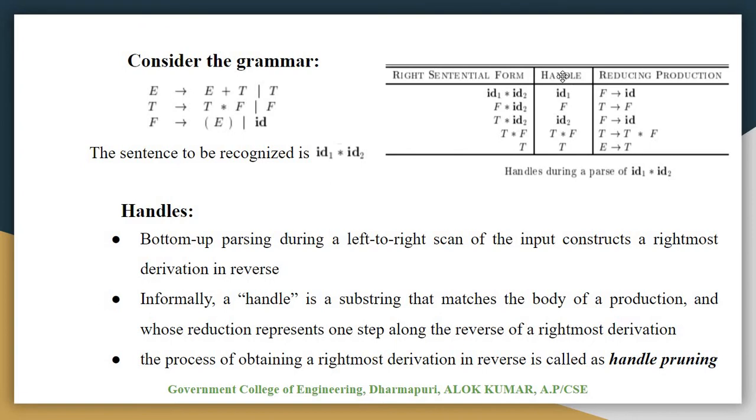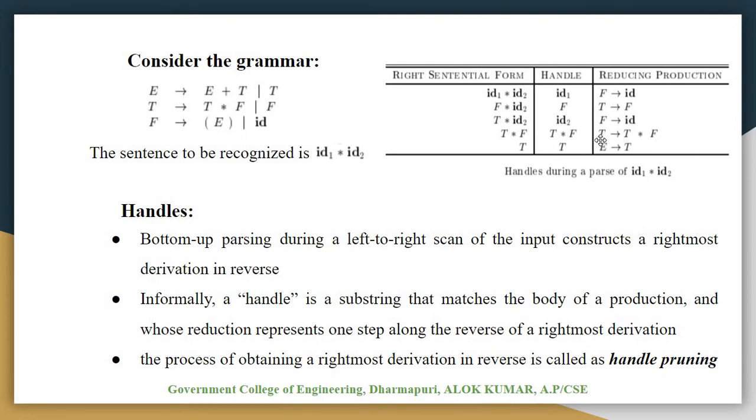Whatever production rules we are using, the right hand side that we replace is what we call the handle. Here ID is a handle, F is also a handle, and here ID is working as a handle.